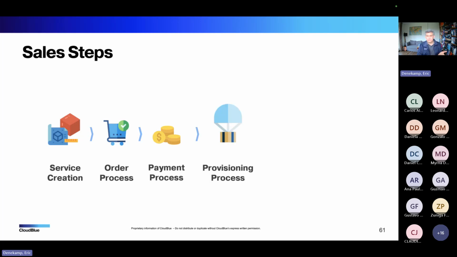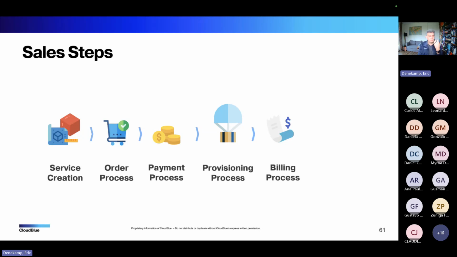Then we go provision, and the billing process ends with, if provisioning is successful, we give you the invoice. And over time, of course, it's a subscription. So it's recurring payment scenarios.